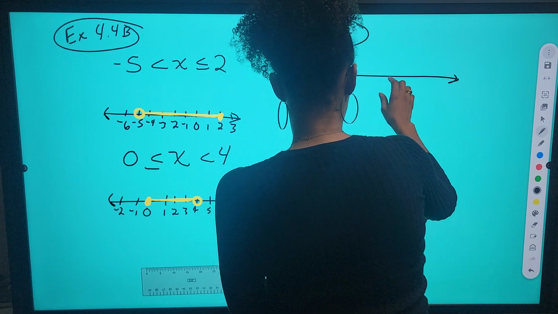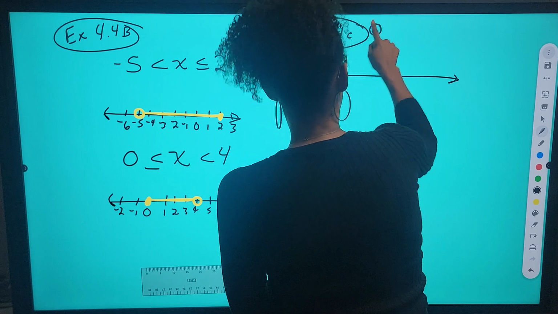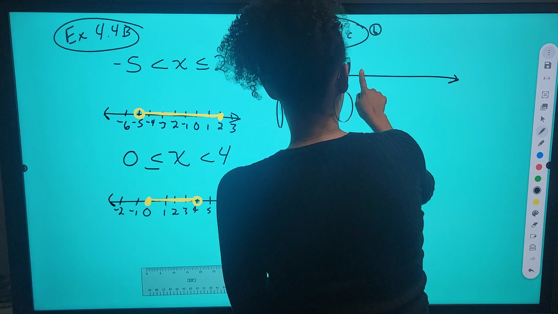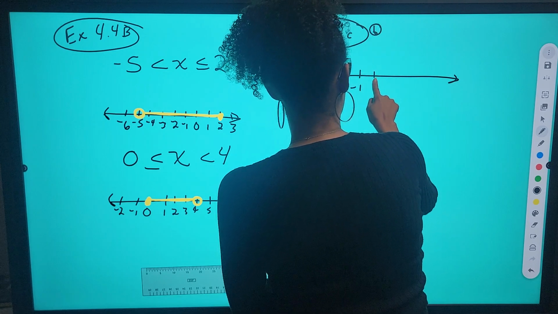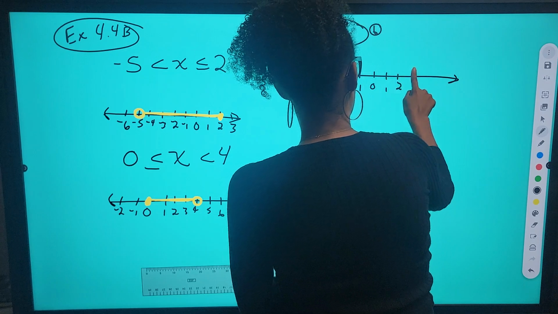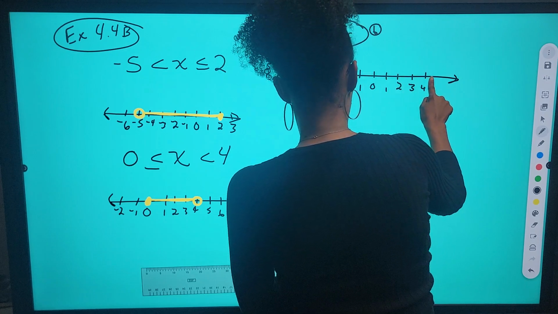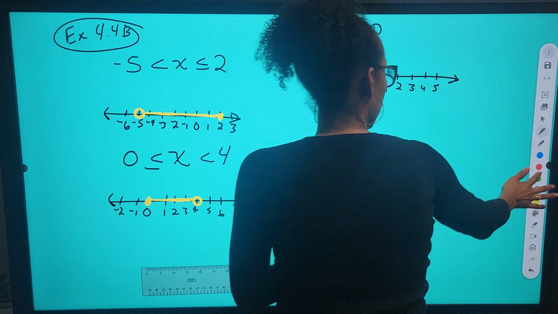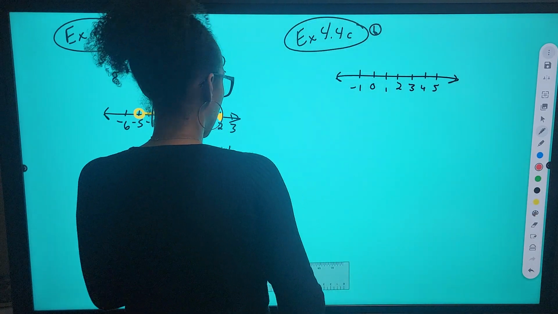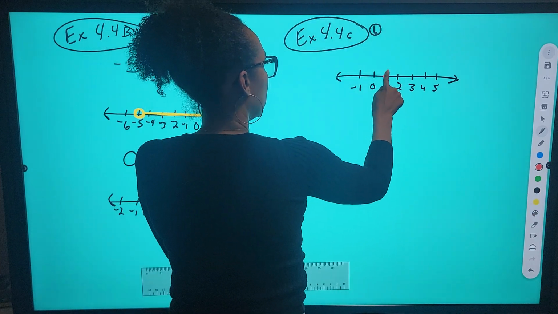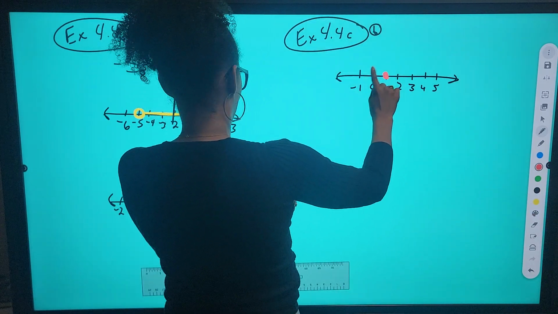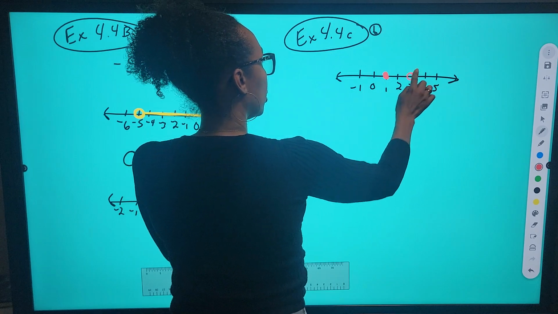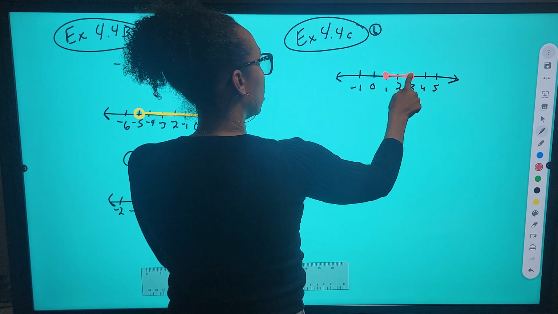This one is letter B of that example. Let me get it sketched up here first. And this is what they have. They have a closed dot here, open dot here, and then it's filled in the middle.